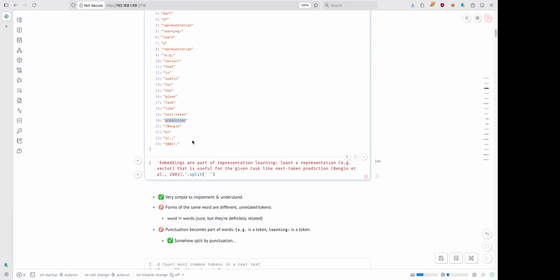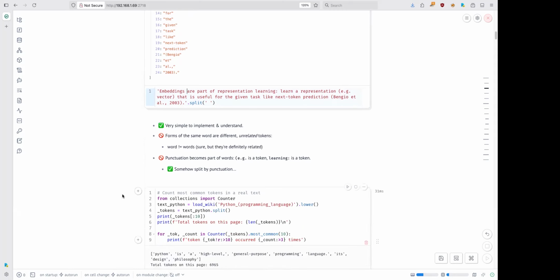What's more, forms of the same word are now different and completely unrelated tokens. You can say embeddings or embedding in singular. They will be different tokens, completely unrelated. Maybe we don't want this. And as well, punctuation becomes part of words, which isn't exactly desirable. So we may want to somehow split by punctuation.